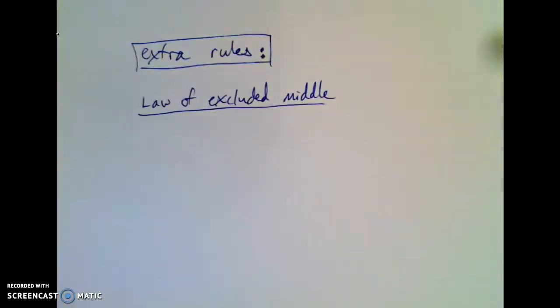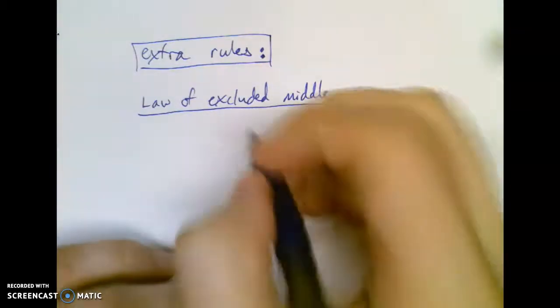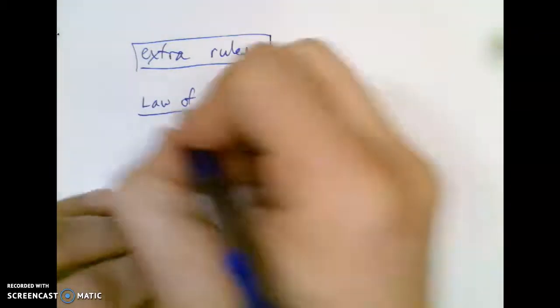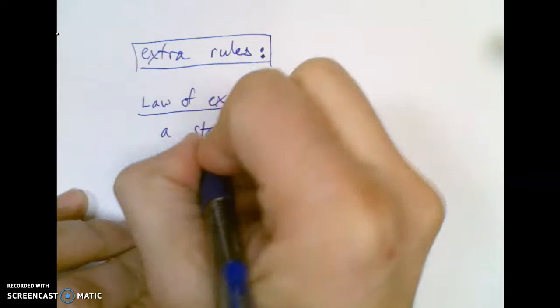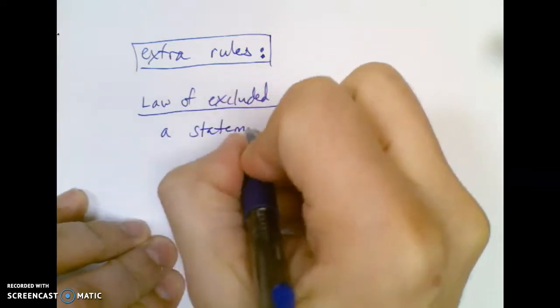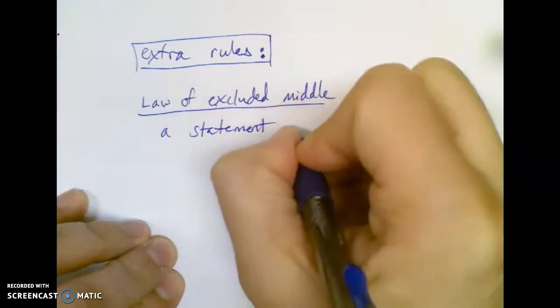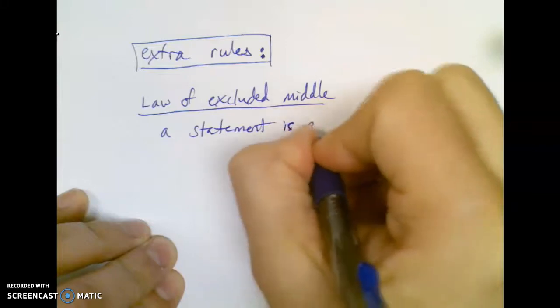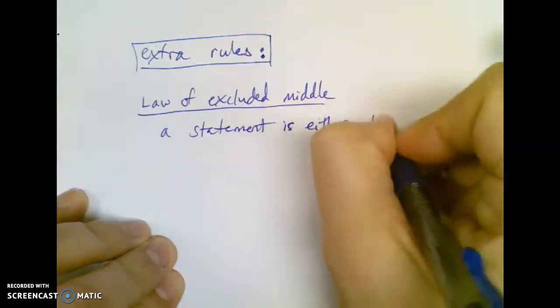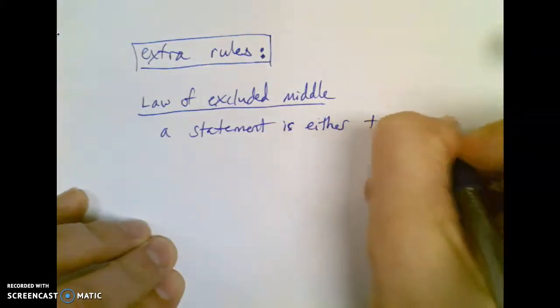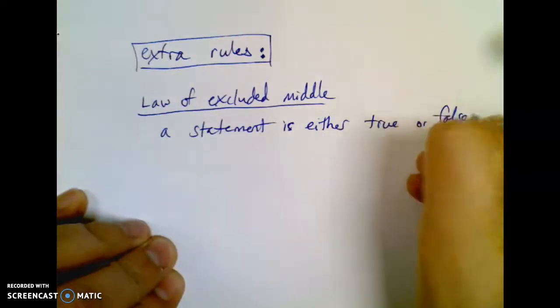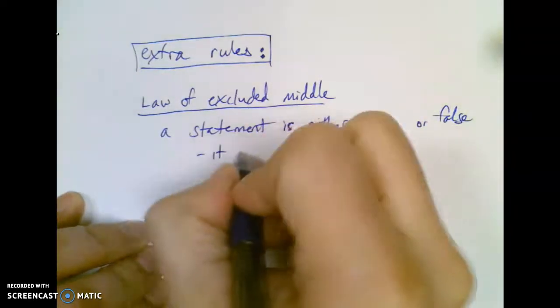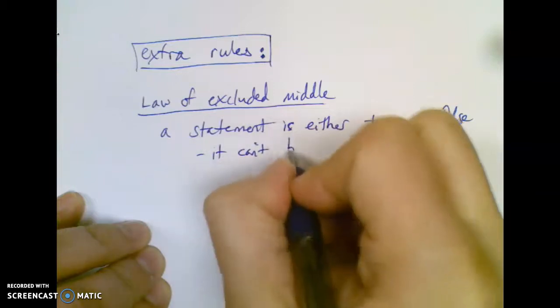What that says is a statement is either true or false, but it can't be in the middle. There's no gray area. A statement is either true or false. It can't be in the middle.